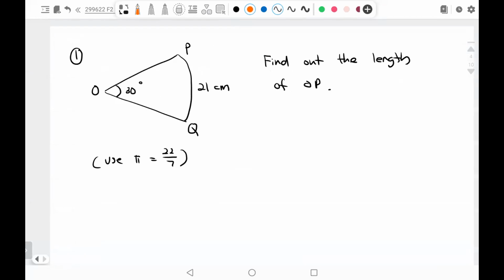Okay, so for Erwin and Kaishan, you can proceed to find out the area of the sector of OPQ. So you double check your answer.